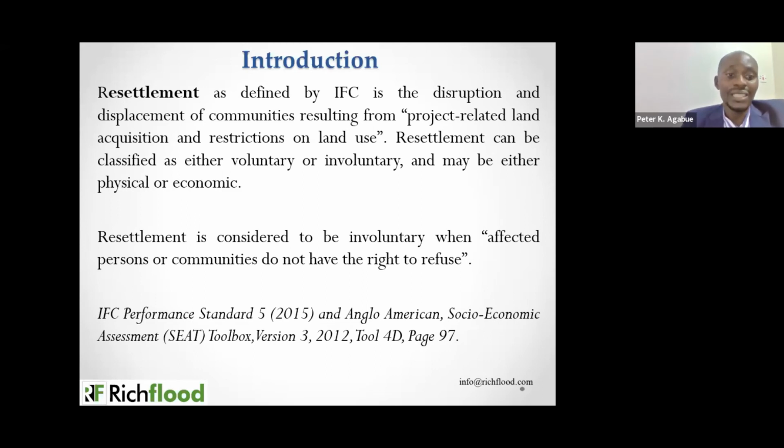So there are standard approaches to identify these persons and register them according to their locations, and also to have an inventory and categorization of the project affected persons and assets to be affected.